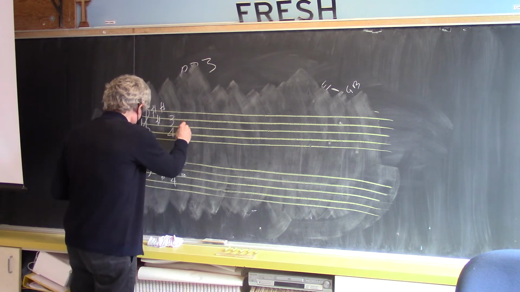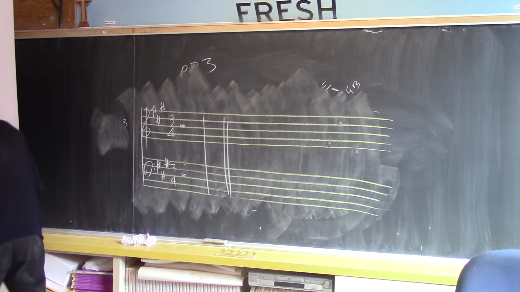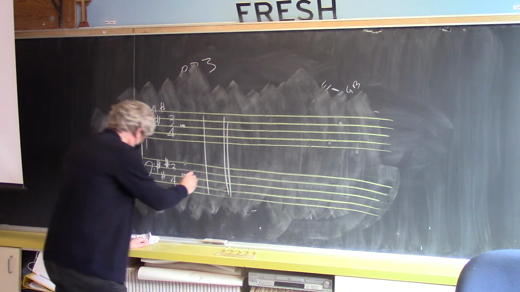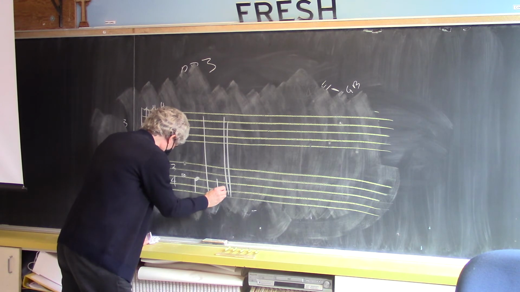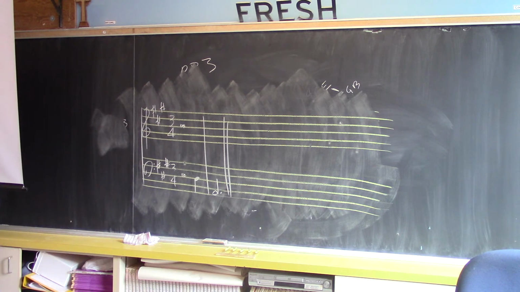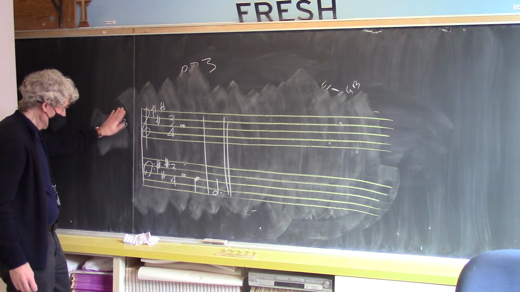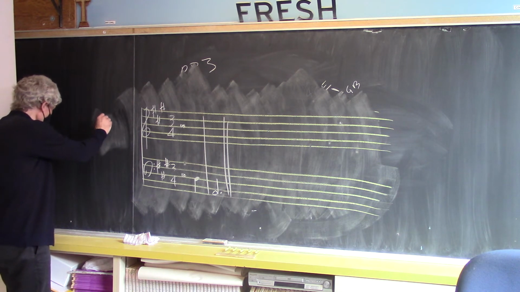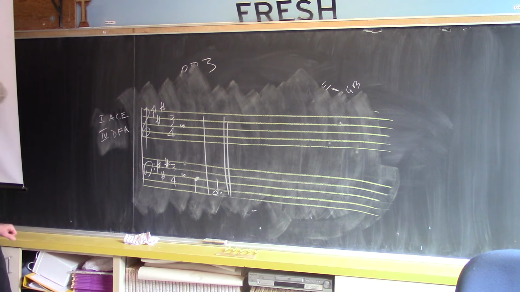And again, D, A. Okay. So, in this key, A1 is A, C, E. 4 is D, F, A. So there's the common note, the A.